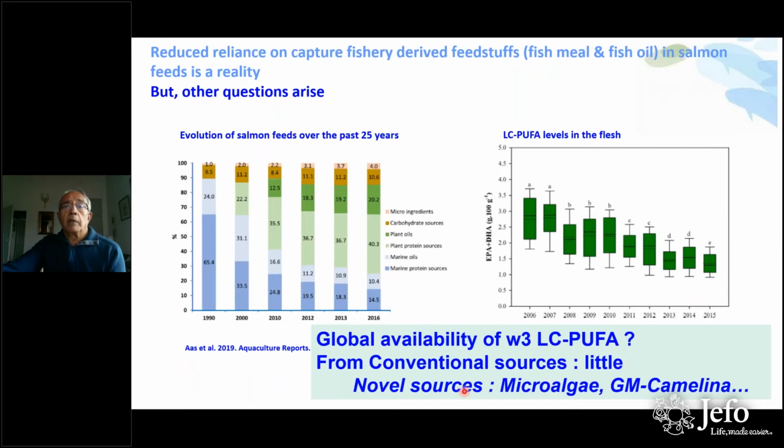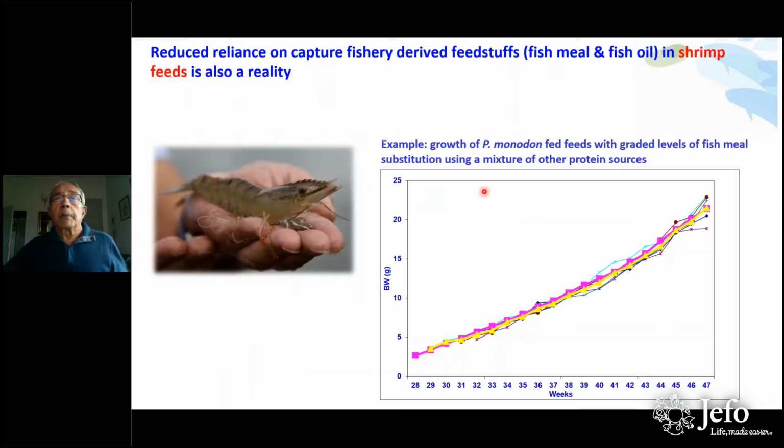But there are novel sources like microalgae, GM camelina, and so on, which can alleviate pressure on fish oil. Even in shrimp, this is an example of studies undertaken by myself with one of my students some years ago to grow monodon fed feeds with greater levels of fish meal, with no differences in growth performance or feed utilization whatsoever.